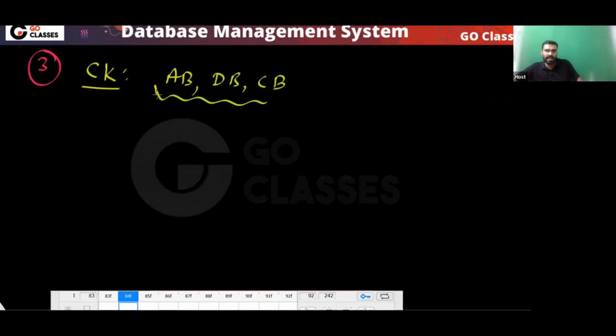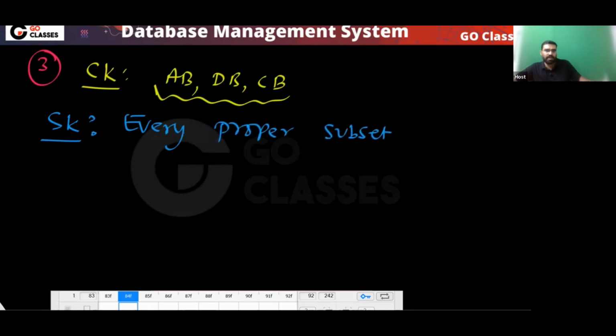Actually, you can think that every superset of B. So what is a super key? Every proper superset of B, right? Agree or not? Every proper superset of B. So what will be the number of super keys?